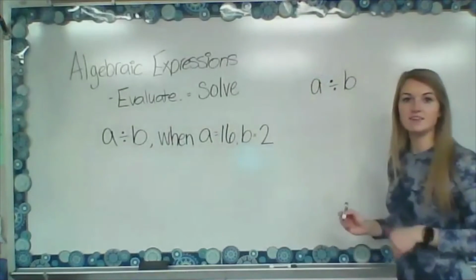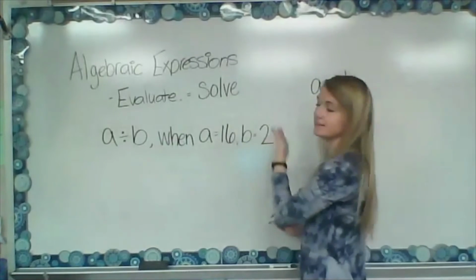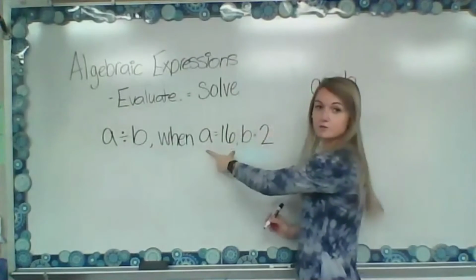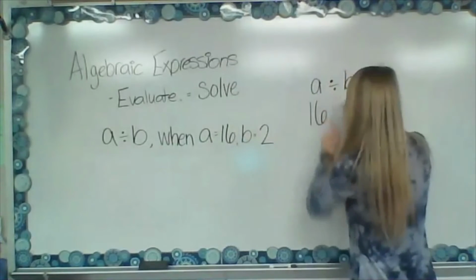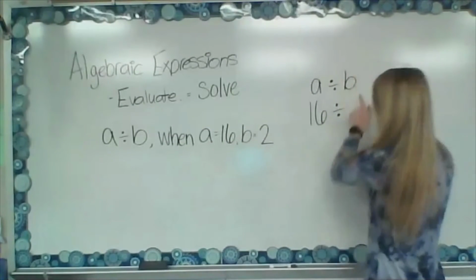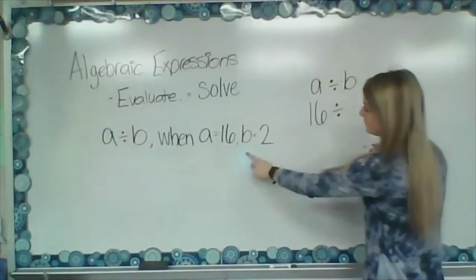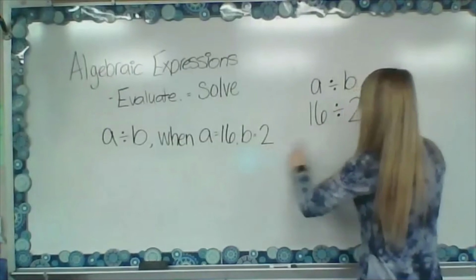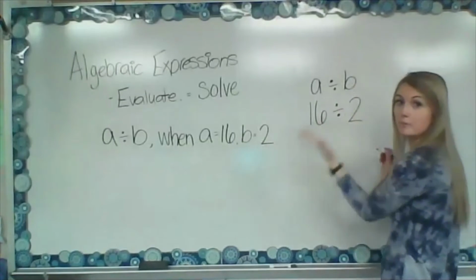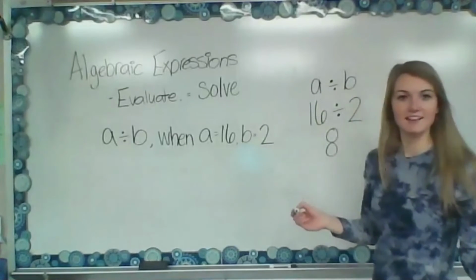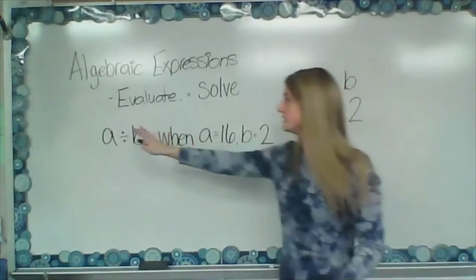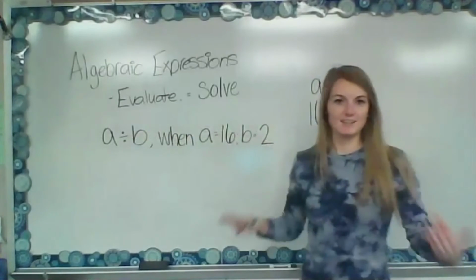Now, it tells me a equals 16. So where there's an a, I'm going to change it to 16, write my division sign, and now I have a b. And what does b equal? 2. So it's 16 divided by 2. That's 8, right? That's all you have to do. Every time you see a letter, you put the number in, and then you solve it.